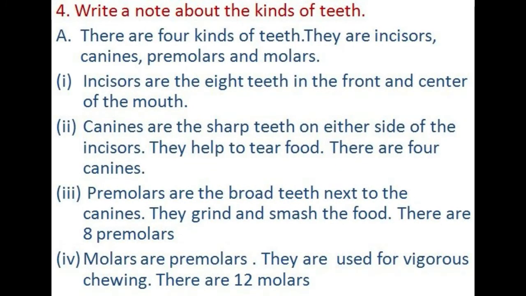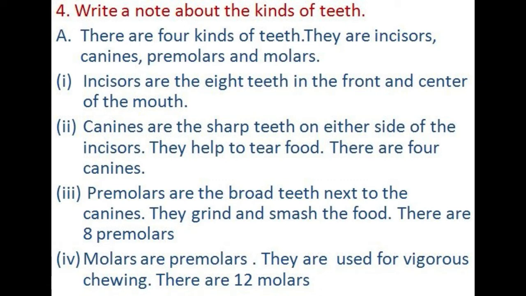Fourth question. Write a note about the kinds of teeth. There are 4 kinds of teeth: incisors, canines, premolars, and molars. Incisors are the 8 teeth in the front and center of the mouth. They are used for biting food. Canines are sharp teeth on either side of the incisors.